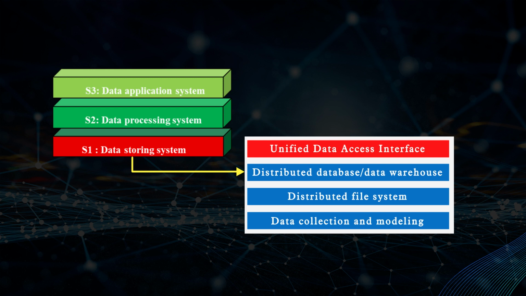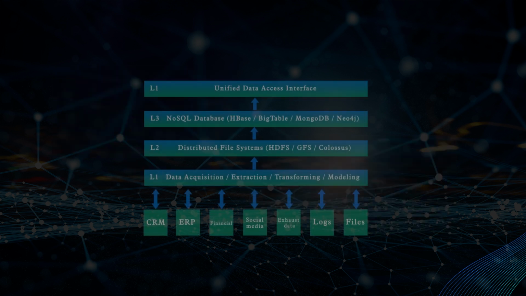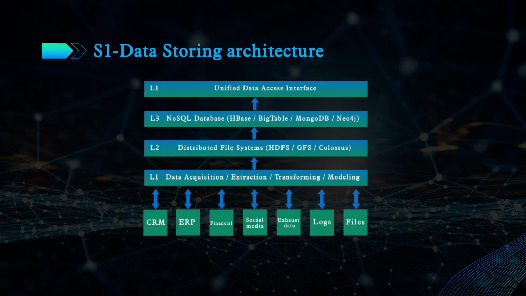In data storing system, there are four paths to accomplish different tasks, which are data collection and modeling, distributed file system, distributed database, data warehouse, and unified data access interface. We have already learned data collection and modeling, distributed file system, database, and now we look at Unified Data Access Interface.